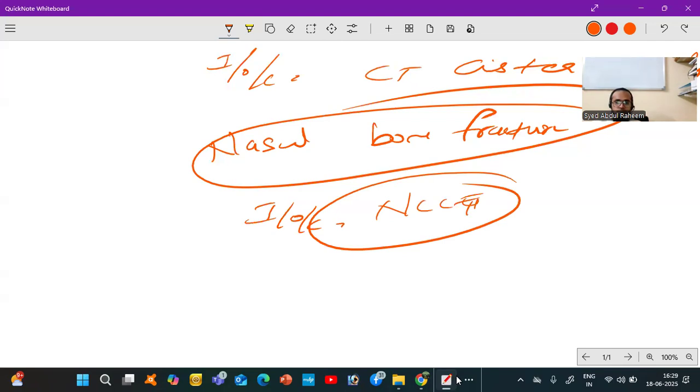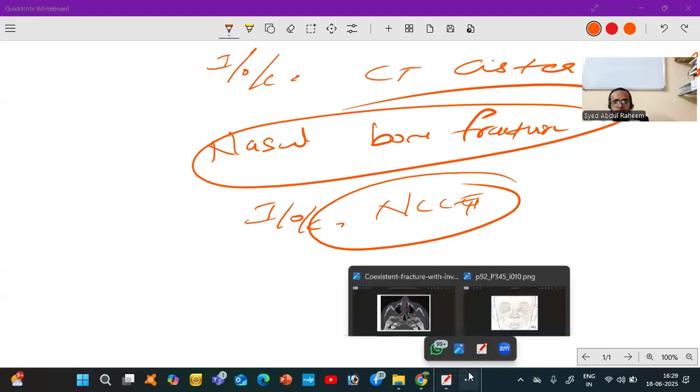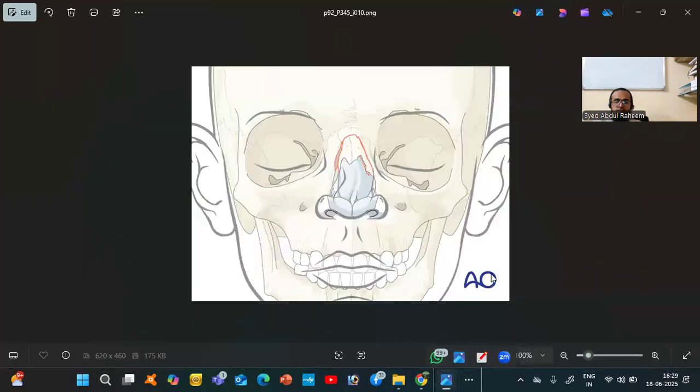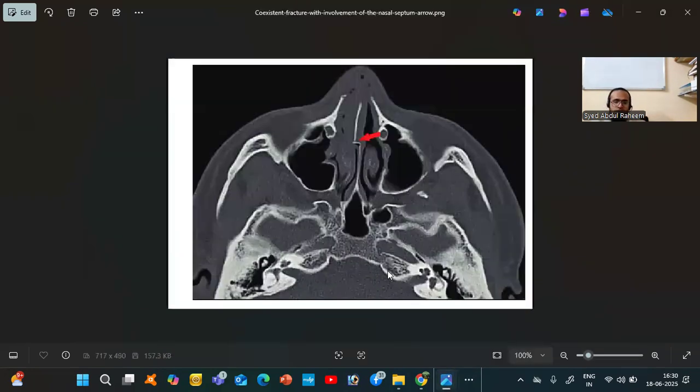Okay, let's see the image. We can see this is the nasal bone. Here the fracture has happened. You can see the bone is not there, and there is septal deviation. In the CT scan you can see the image very clearly.